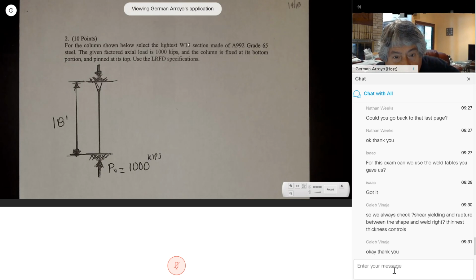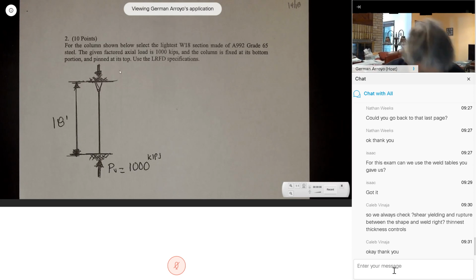The shape is W18 made of A992 grade 65 steel. The factored axial load is 1,000 kip. And the column is fixed at the bottom and we use the specification. So what is the K value for this situation, where KX and KY are exactly the same? What is the K value that we have to use?